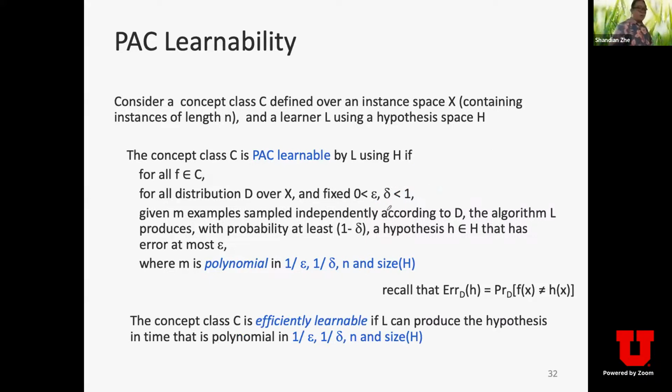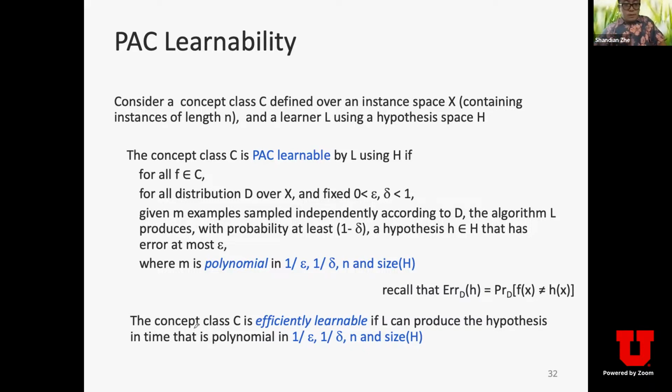Someone may ask: this talks about sample complexity, the number of samples you're going to use to achieve some designated performance. But from a computer science perspective, we also need to look at whether the algorithm can be run efficiently. So we add an additional definition.